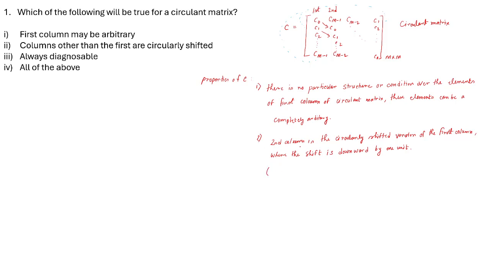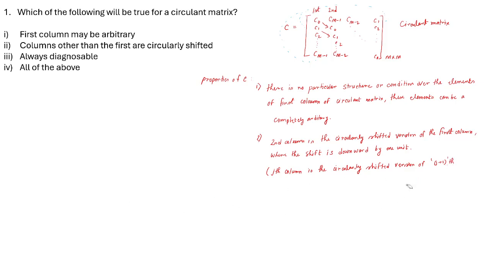can be generalized as follows: the jth column is the circularly shifted version of the j minus 1th column.